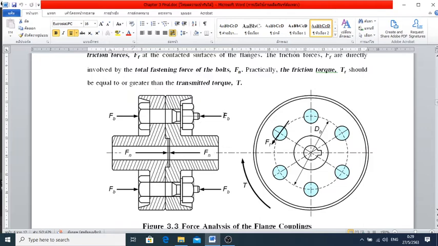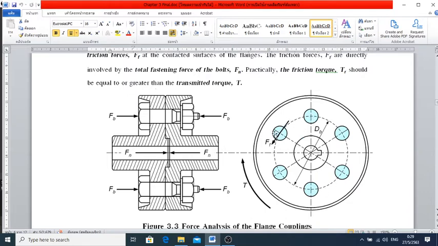It's going to have F sub P there to compress the flange coupling on the left and on the right to stick together. So F sub N is going to be the total force applied by the bolts there. So F sub N here, you make a note on it, equals N, the number of bolts, times F sub B respectively.